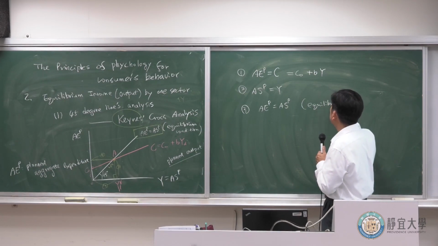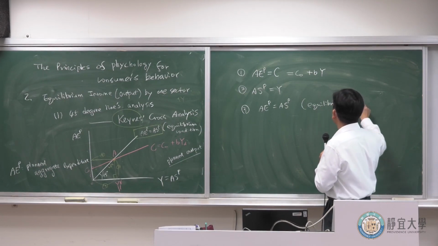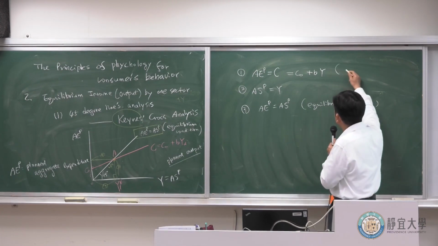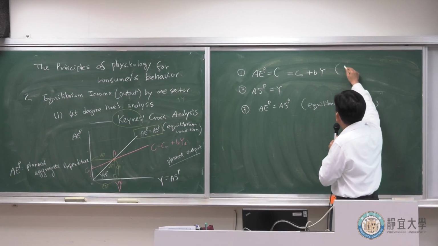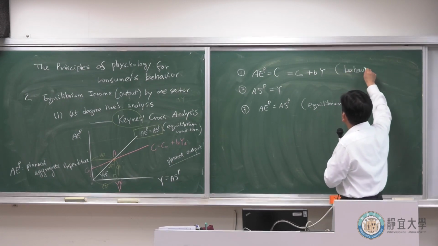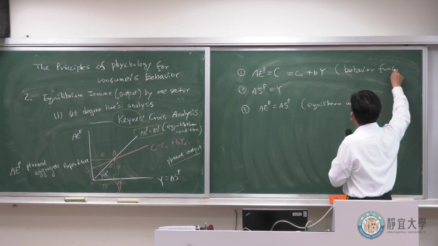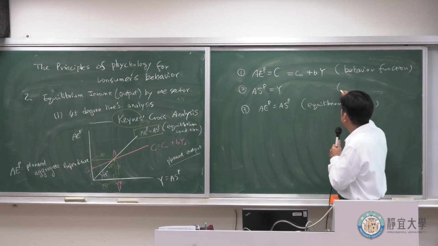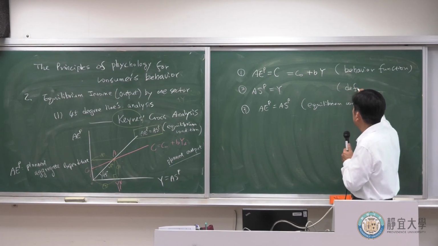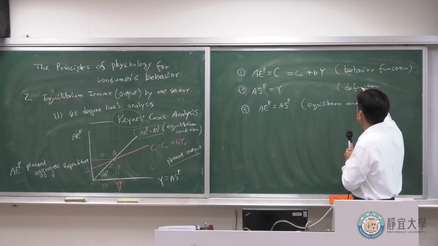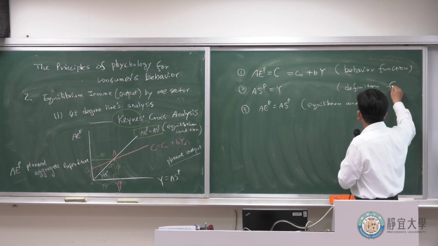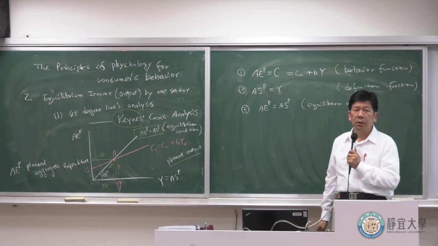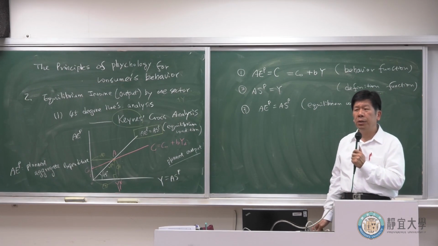The first and second are what we call behavior functions, and this one is the definition function. So how to get the result?